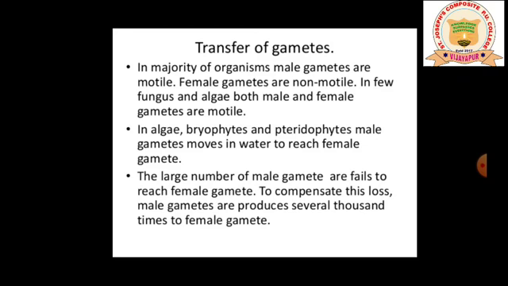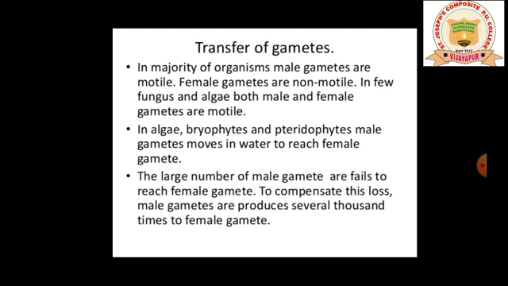In the case of algae and fungi, both are able to move from one place to another. In algae, bryophytes and pteridophytes, the male gametes, which are able to move, require a medium. The medium is water, to reach the female gamete.